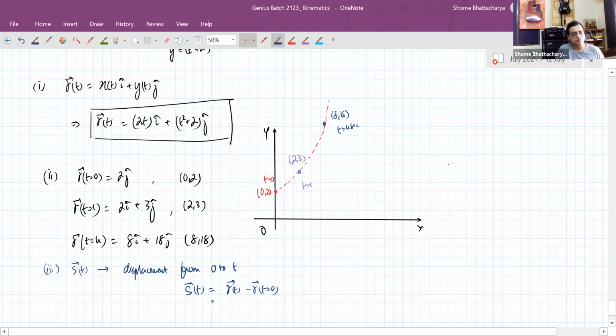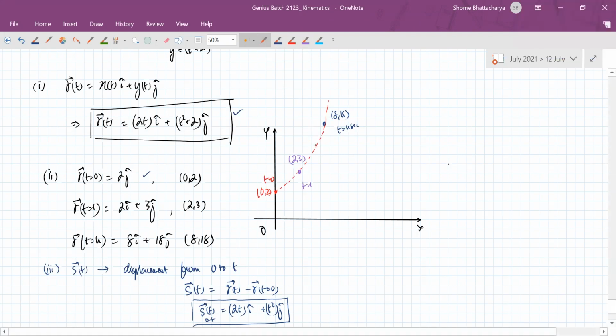So it's going to be this vector minus this vector. So you can see it will be this. This is the displacement in general as a function of time, which means that it is the displacement from 0 to t. Okay. So at some general point of time, suppose it's here. So 2t minus 1 i cap, no?